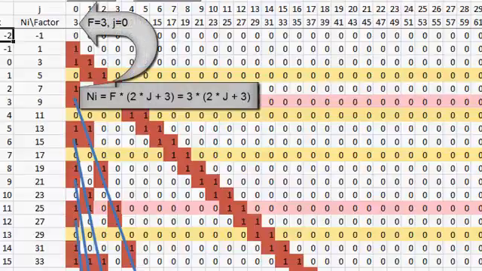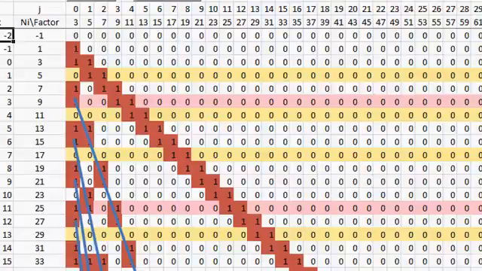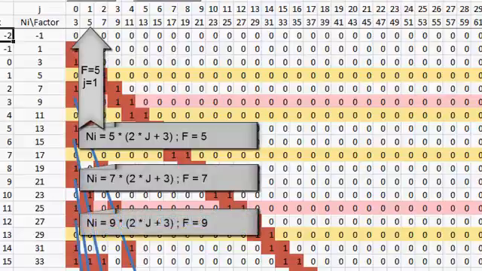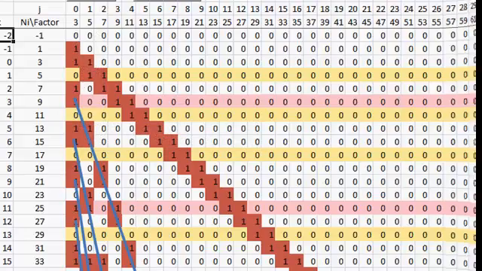We note that this linear function is written with factor 3 corresponding to the factor of j equal to 0. The other linear functions are written the same way, the sole difference being the increasing value of the factor. The second linear function is written as ni equals 5 times 2 times j plus 3 and so forth.